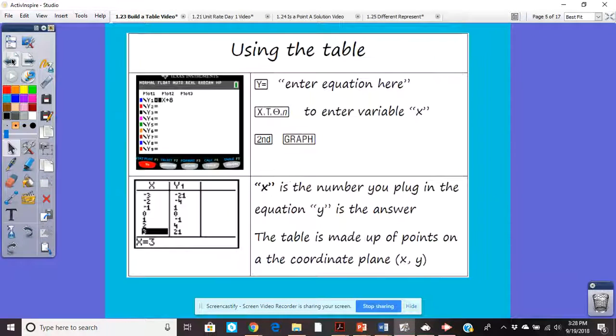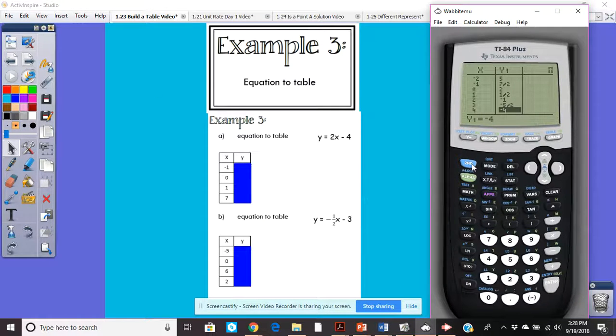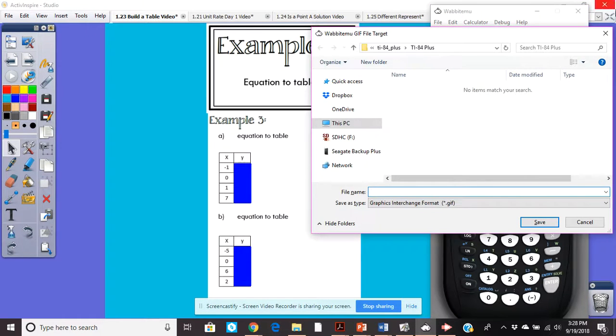All right, the last page of notes you have today are these, and they're entering these equations again and finding the table. So y equals, let's put this first equation in, 2x minus 4.